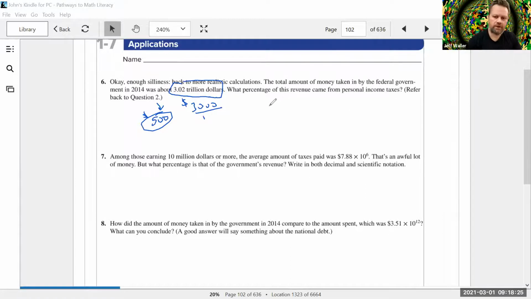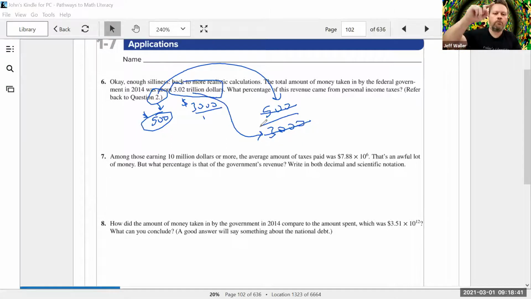Yes. I want to know 500 out of 3,000, but you're not going to use 500. You're going to use your answer to question 2. You're not going to use 3,000. You're going to use this number because those numbers represent the ideas that need to go here and here.